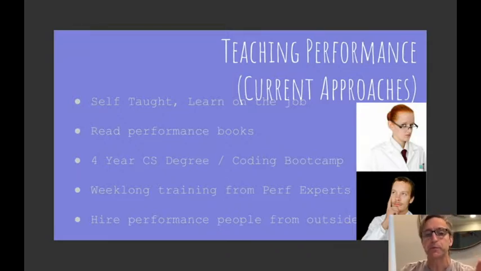We were discovering problems, and then we found solutions for them ourselves. We worked with our colleagues to find out how to find the problems and then how to fix them. Of course, we read performance books, we write performance books. I wrote one myself. We have 4-year computer science degrees and coding boot camps.